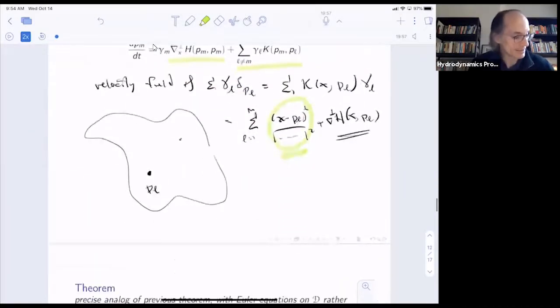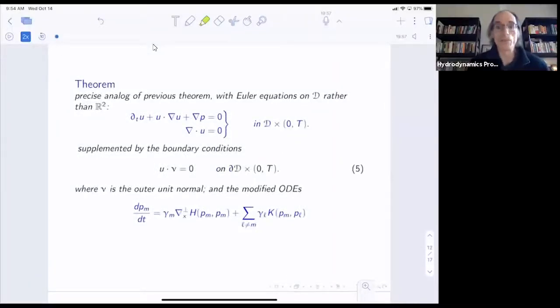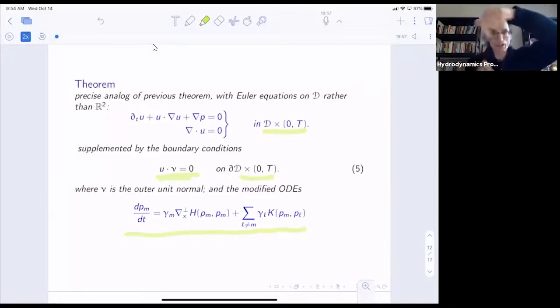And there's a theorem, which is a precise analog of the previous theorem. I consider the Euler equations on the domain with the boundary condition. This is the new element. And then I replace the ODE from before by this modified system of ODEs, for which I've just given a very crude heuristic argument: we look at the flow generated by everyone, and we say the part that is singular but purely rotational around any vortex isn't going to move anywhere, so we can ignore that.